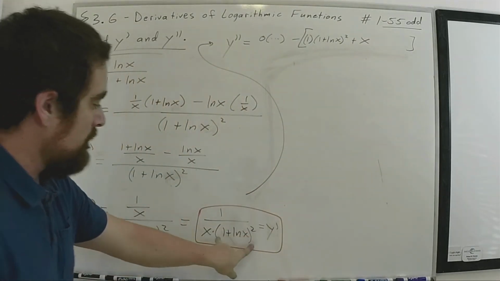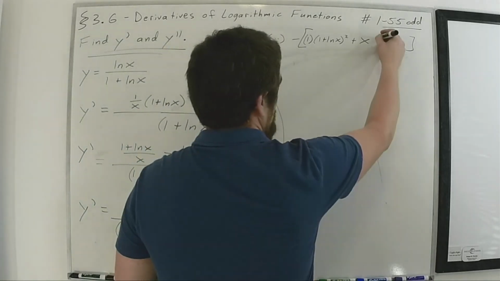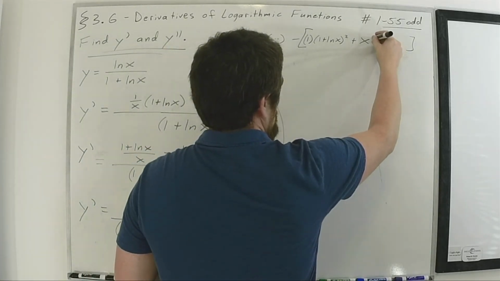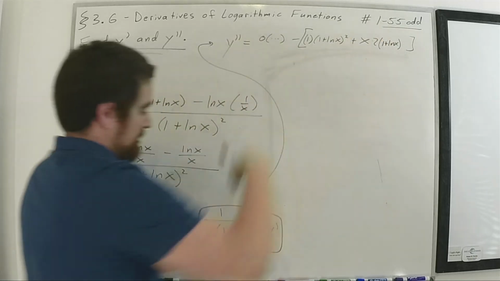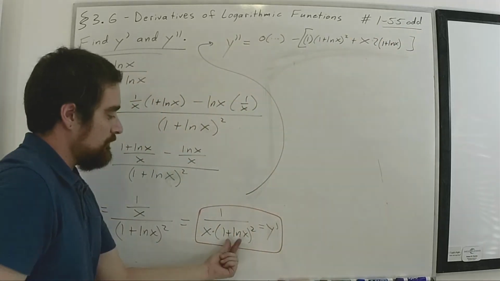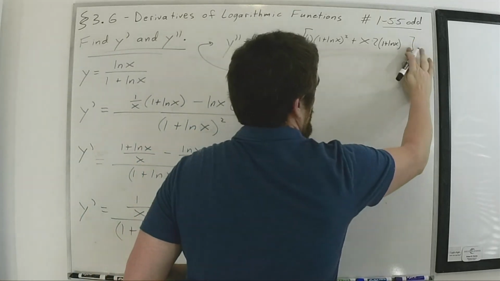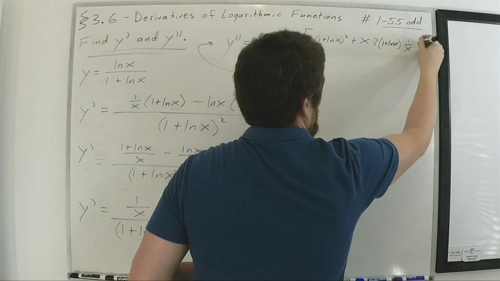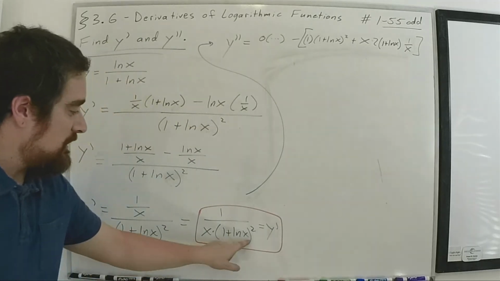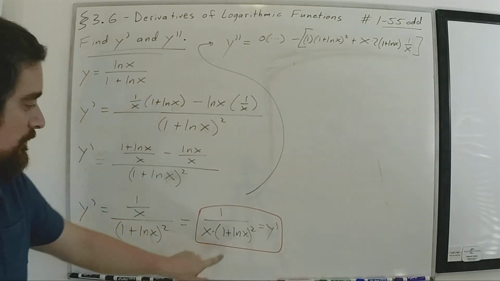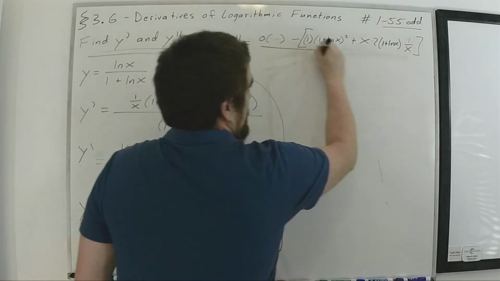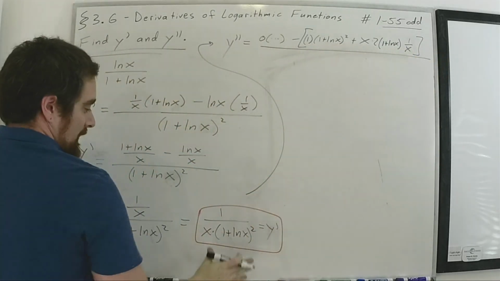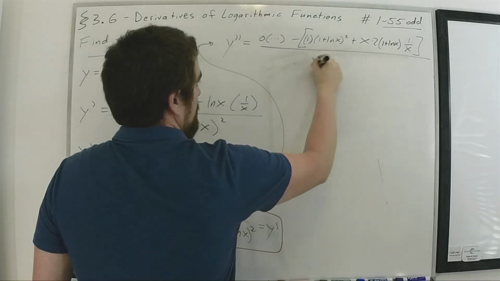It has that square on it, so chain rule kicks in. The derivative of that second function is going to be 2, 1 plus log x to the first power, and then I need the derivative of the inside, which is 1 over x. Differentiating the inside, 1 is going to go away, and derivative of log of x is 1 over x. Now I'm ready to finish off quotient rule by squaring the bottom.